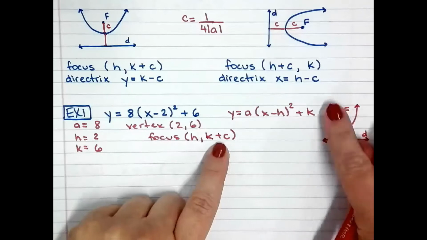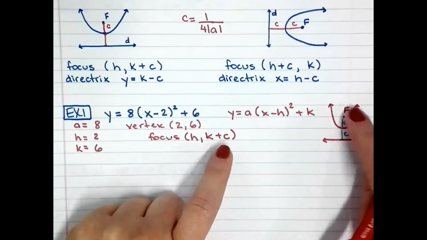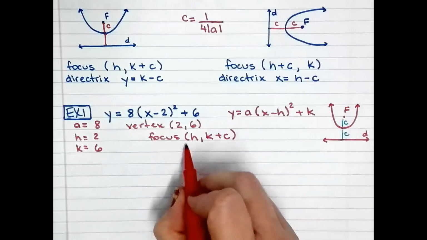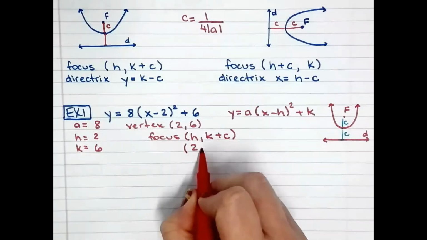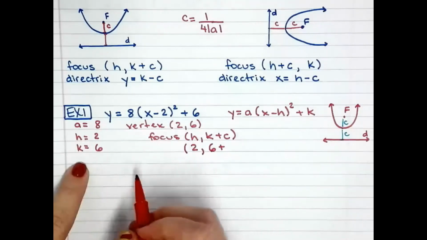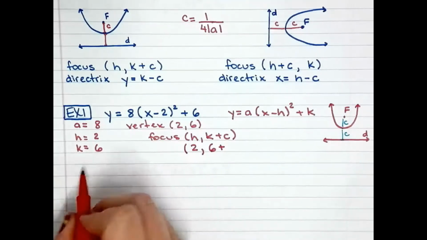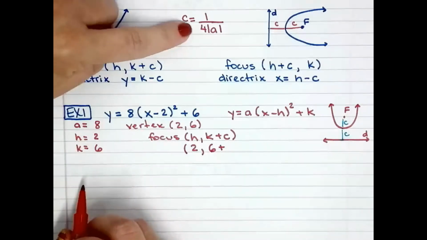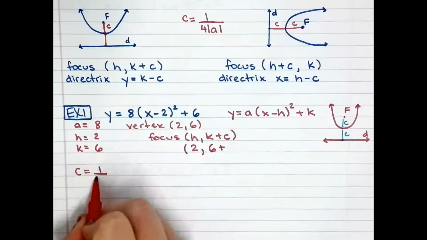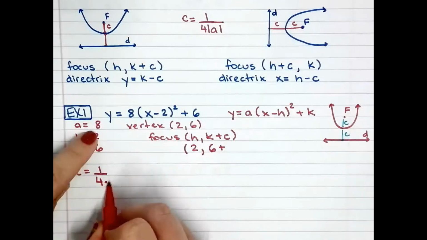When it's a smiley face, when it's a parabola opening up, you add C to K. Here I have 2 for H, K is 6, but I don't have C. So let's go over here on the side and find C. C I know is 1 over 4A. C equals 1 over 4 times A, and A is 8.